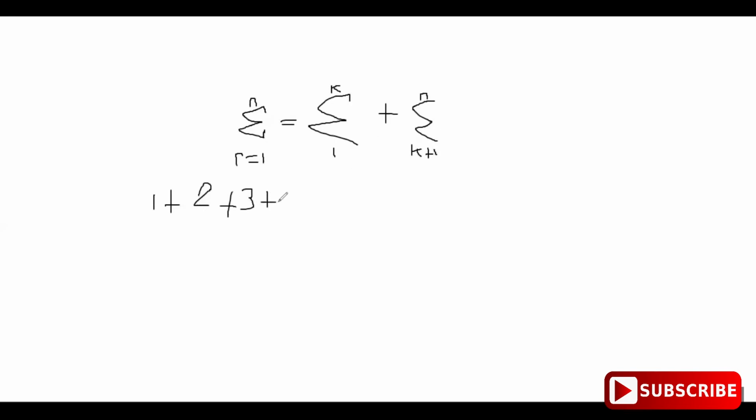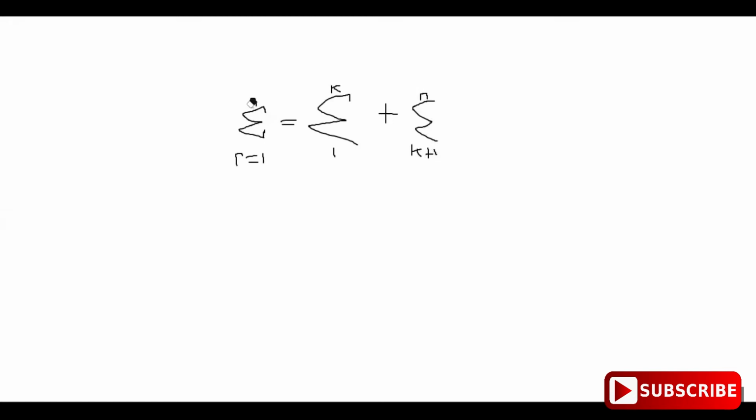Or let's say I'm adding 1 plus 2 plus 3 plus 4 plus 5. I can add the sum from 1 to 2 first and then add the next 3 terms. So always bear this in mind that the sum from 1 to n can be broken down as the sum from 1 to k plus the sum from k plus 1 to n.